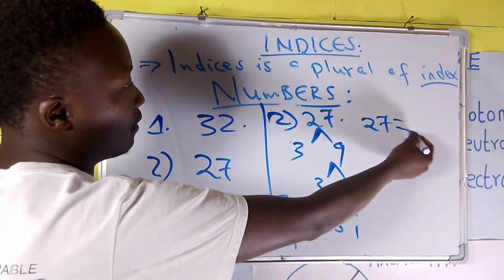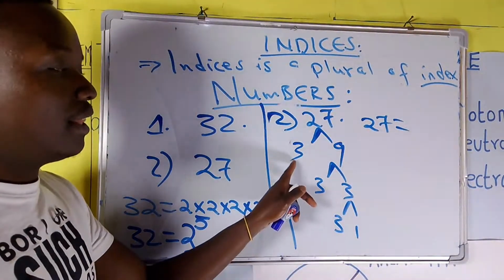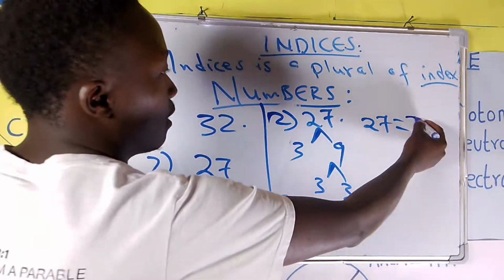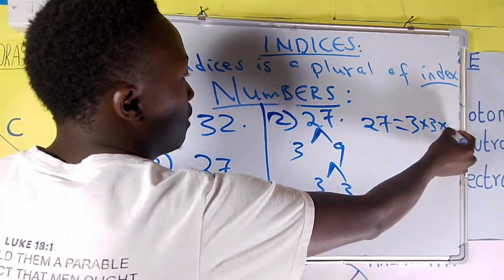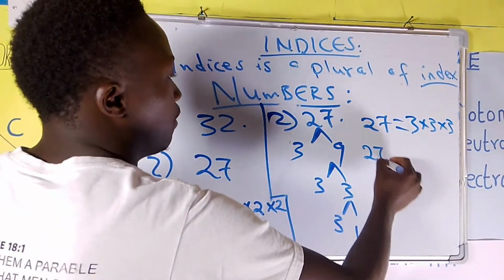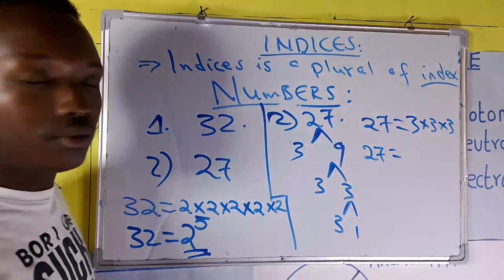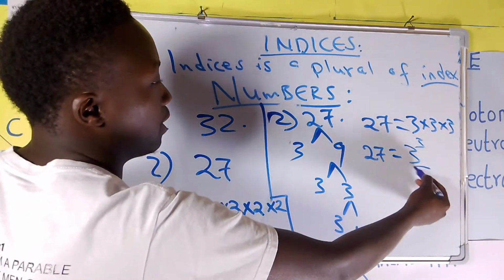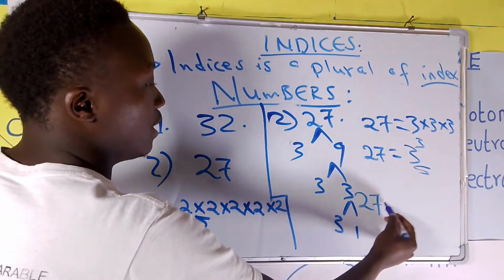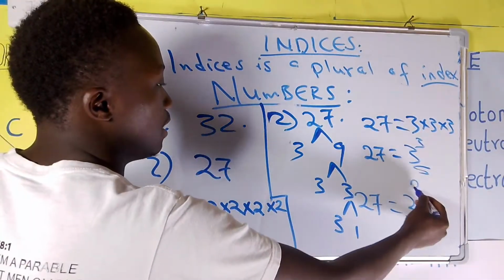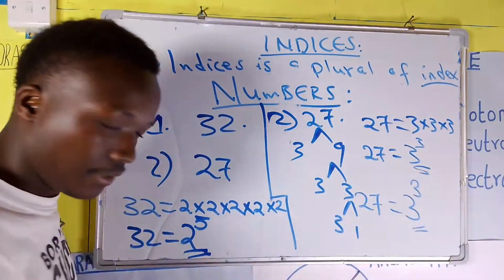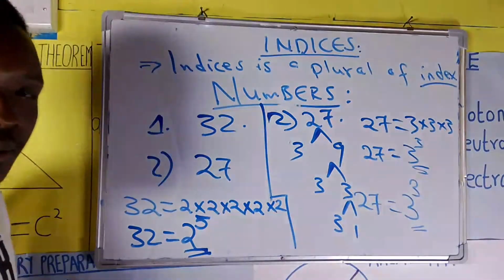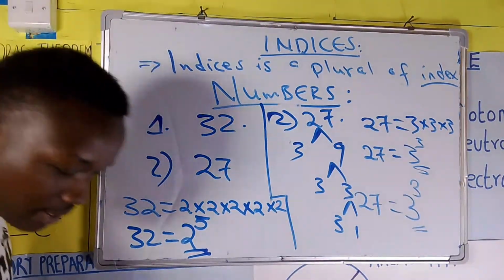Therefore, 27 is equal to 3 times 3 times 3, which is the same as 3 to power 3. So 27 written in power form is 3 to power 3. We are still laying the foundation on indices.